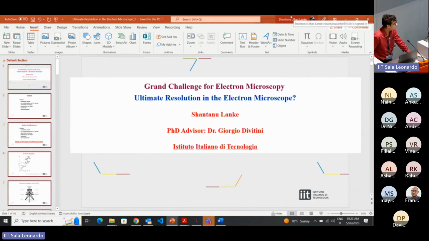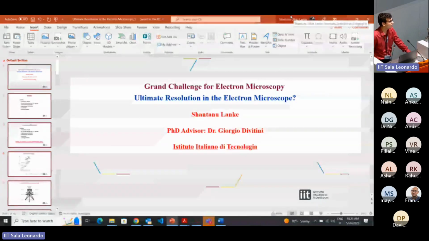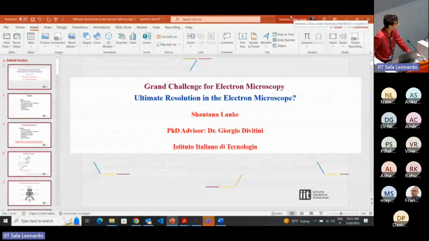I'll be talking about what the resolution trends are and what the ultimate resolution is, the highest possible resolution that we can achieve in transmission electron microscopy. I'm going to introduce some complex concepts, but I'll just cover a few key points which dictate the resolution limits in the electron microscope.